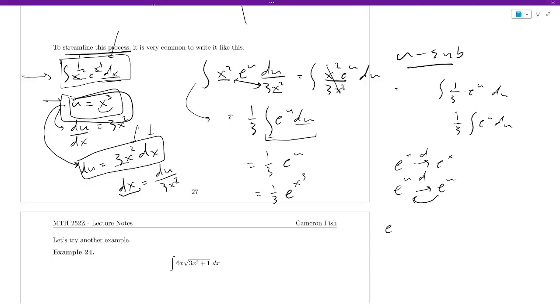If I take 1/3 e to the x cubed and take its derivative, I keep my 1/3, and chain rule says the derivative of e to the black box is e to the black box, from my e to the x cubed, but then times the derivative of the inside, which is 3x squared. So again, you see that the thirds are canceling and the x squared appears. We successfully reversed that process. This really is an antiderivative.